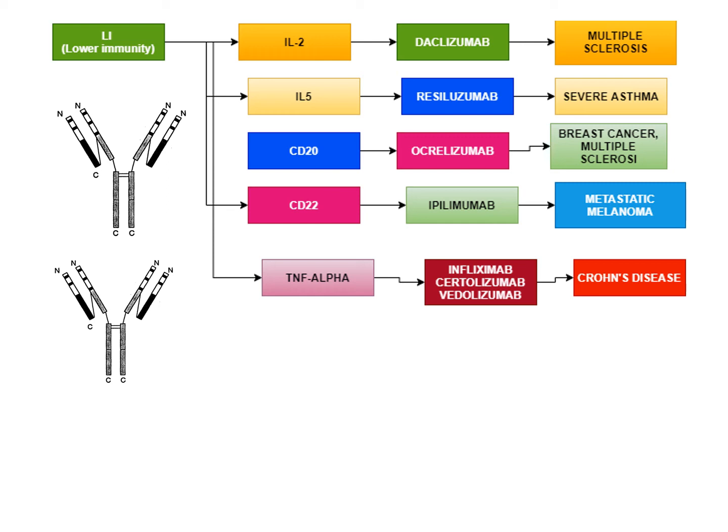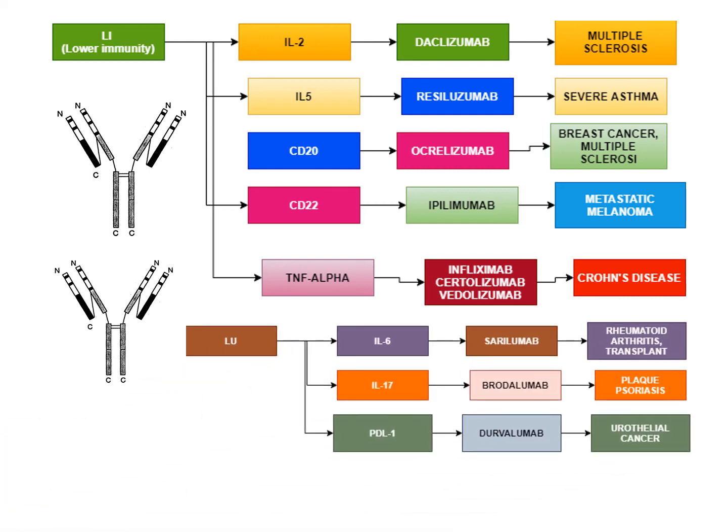Then ocrelizumab targets CD20, given for treatment of breast cancer and multiple sclerosis. Ipilimumab targets CD22, given for metastatic melanoma. Infliximab, certolizumab and vedolizumab are all targeting the TNF alpha receptors. They are given for Crohn's disease.